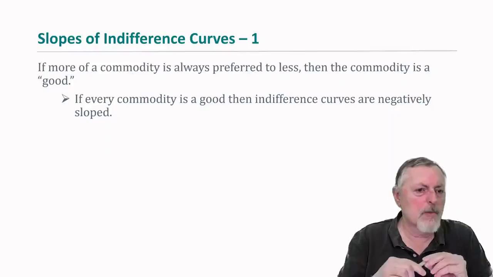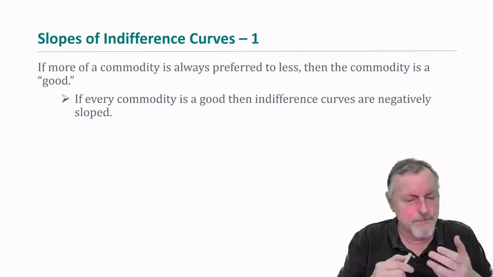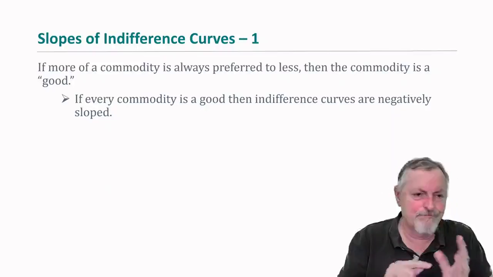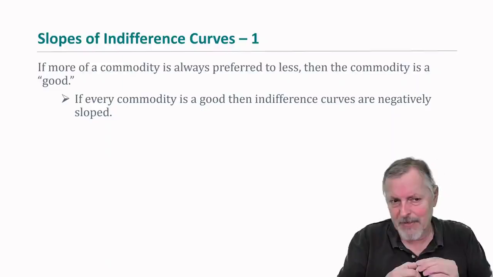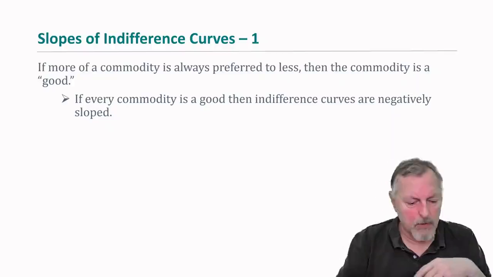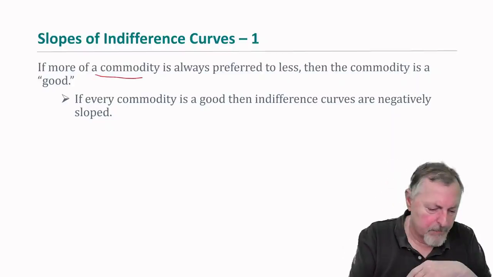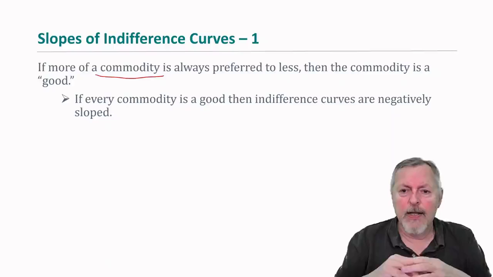Preferences are monotonic. Monotonic, in this context, means very basically more is always better. So we talk about commodities here, more of a commodity. We use these terms interchangeably, pretty much.